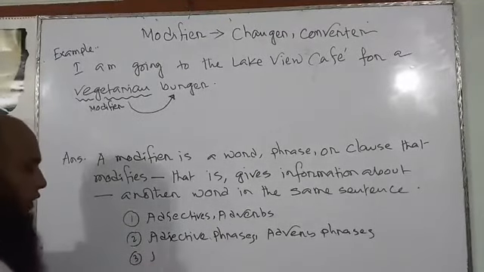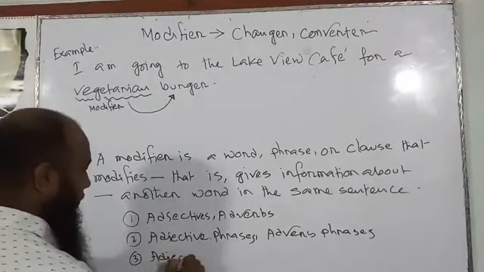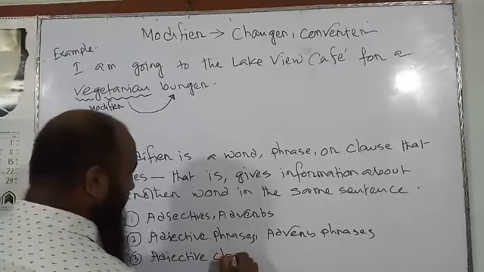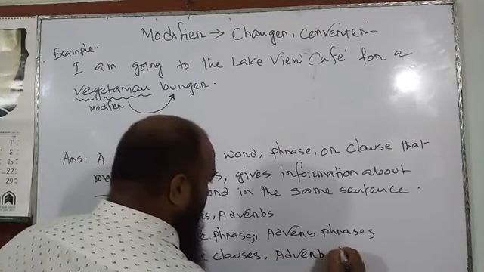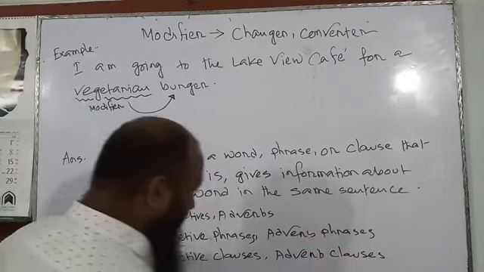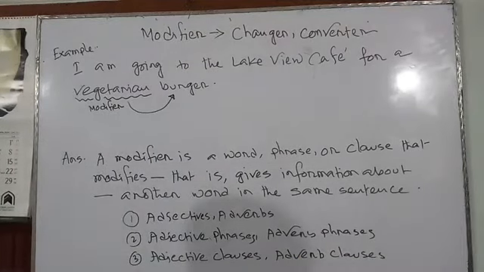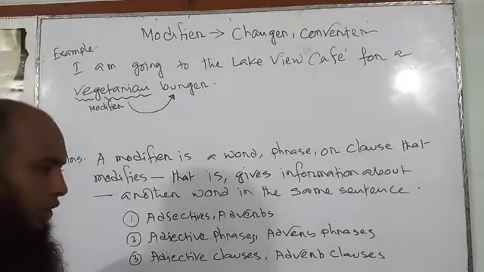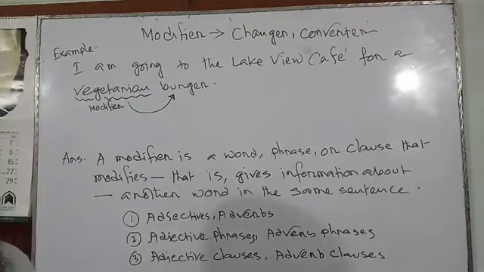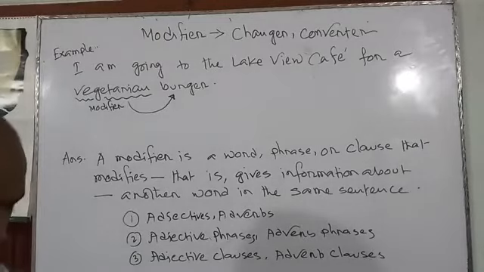Also adjective clauses and adverb clauses are used as modifiers. Okay, in maximum cases, adjectives and adverbs, adjective phrases or adverb phrases, adjective clauses or adverb clauses are used as modifiers.